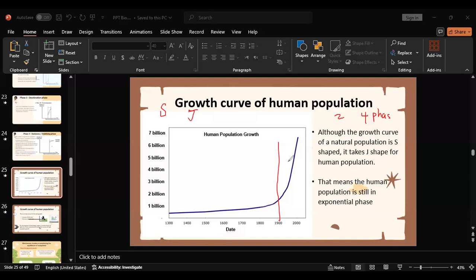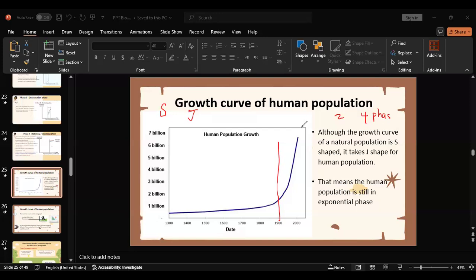By the day, the population will increase, not decrease. Why is that? To get this exponential curve, the number of births should increase and deaths should decrease, then only will the graph be like this.